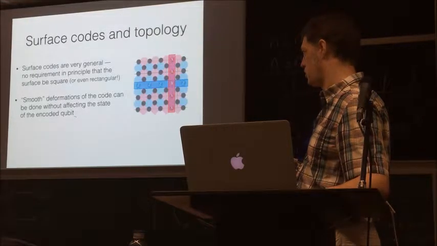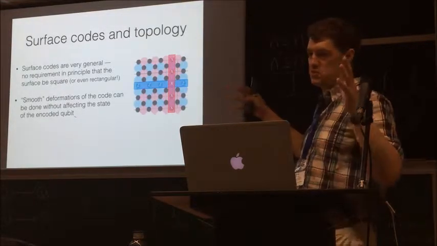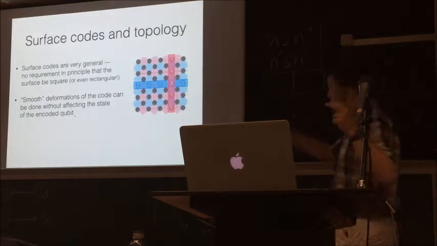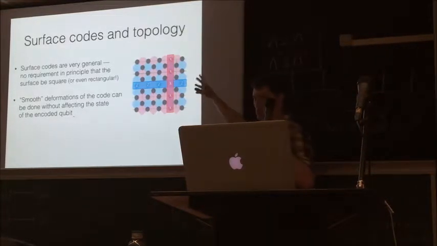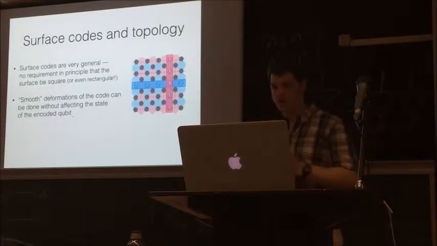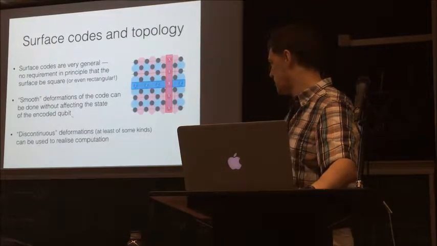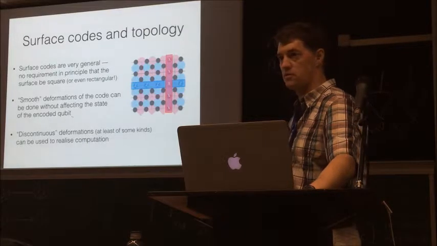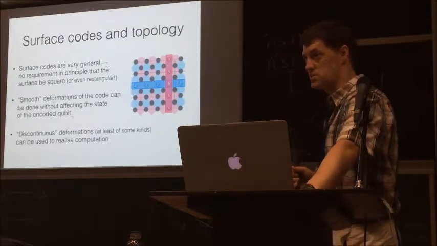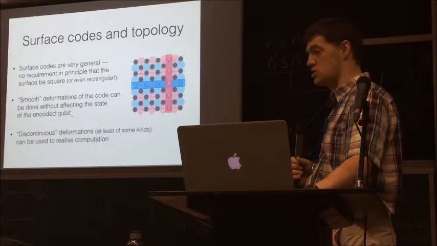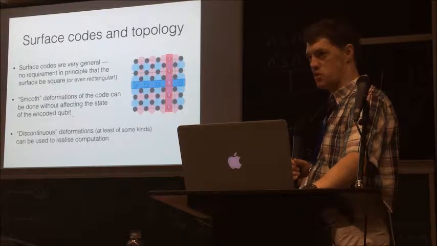With smooth deformations of the code, you can stretch, so to speak, your memory. The way that you stretch your memory is by adding rows of qubits and imposing parity conditions. And discontinuous deformations, such as tearing, for example, or merging two pieces together, stitching, can be used to realize computation, so non-trivial transformations of your data.